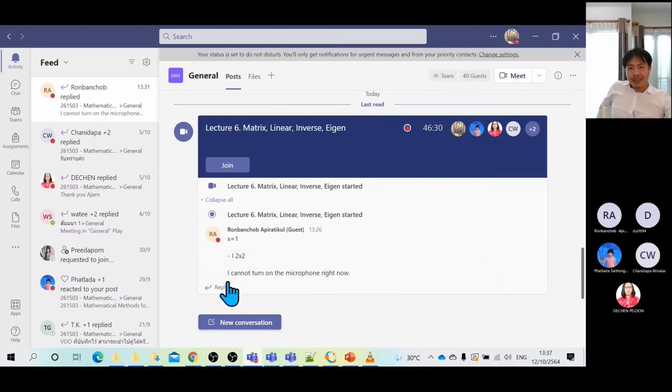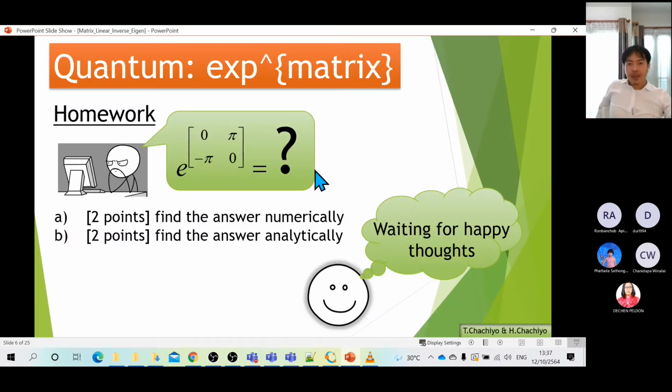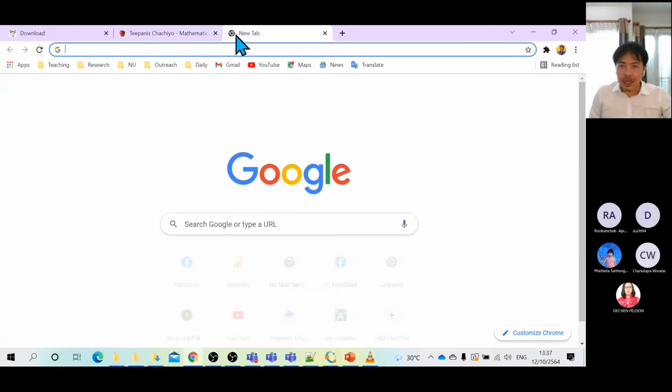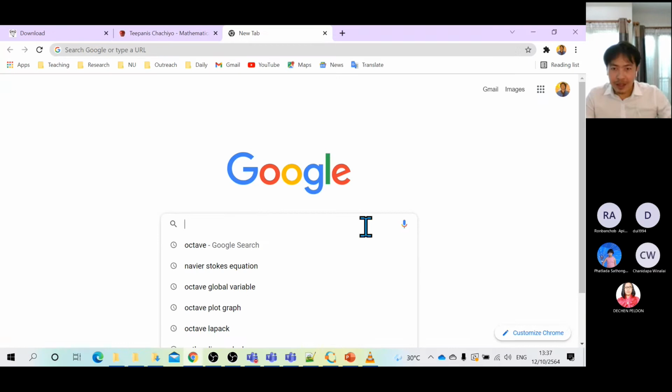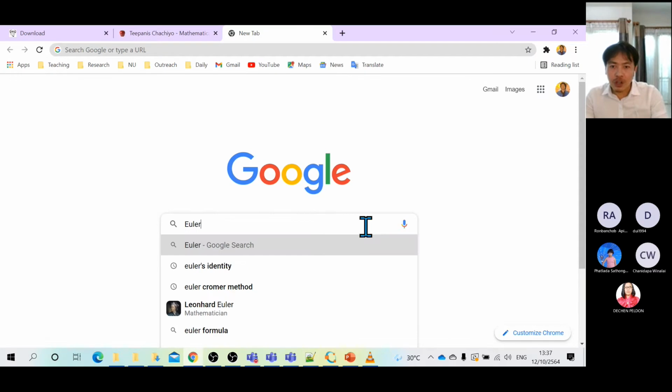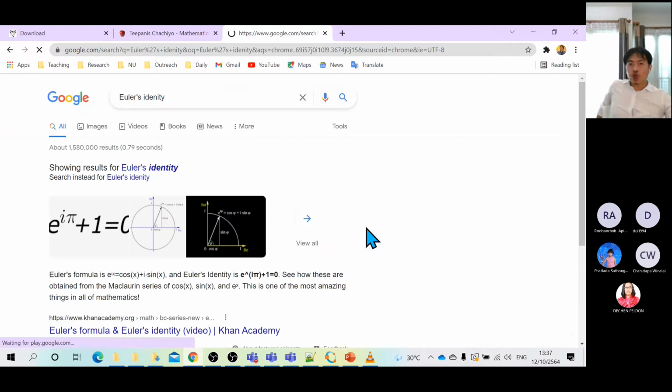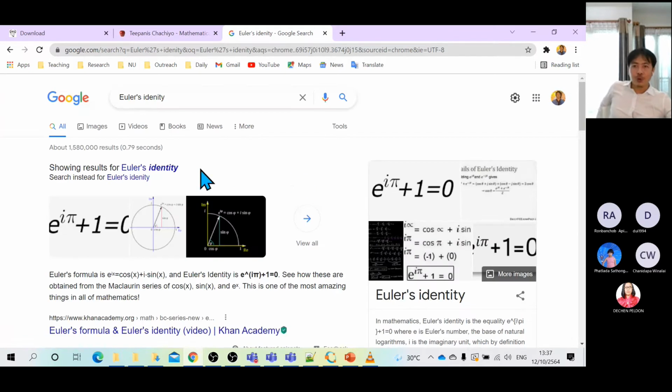He said it is minus I, minus the identity matrix. Now that is very similar to what we have in the math class. It's called Euler Identity.